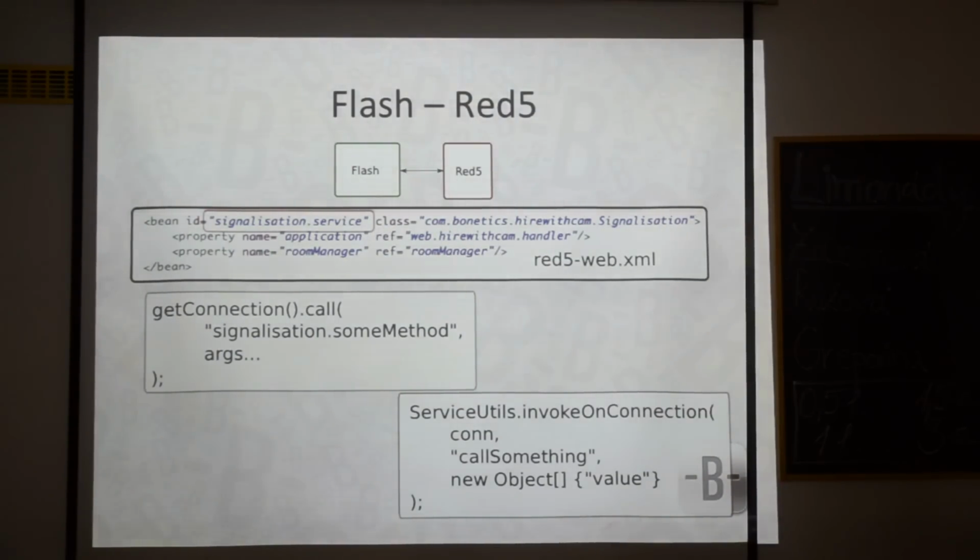On the other way around, each client that has a connection to the Red 5 server has the so-called client or connection, and if you want to call something from Red 5 on the Flash object, you need to invoke it on this connection. So basically saying, invoke something on my connection, which represents the user that is connected to the Red 5 application. So this way, we are basically able to communicate between JavaScript and Flash and between Flash and Red 5.